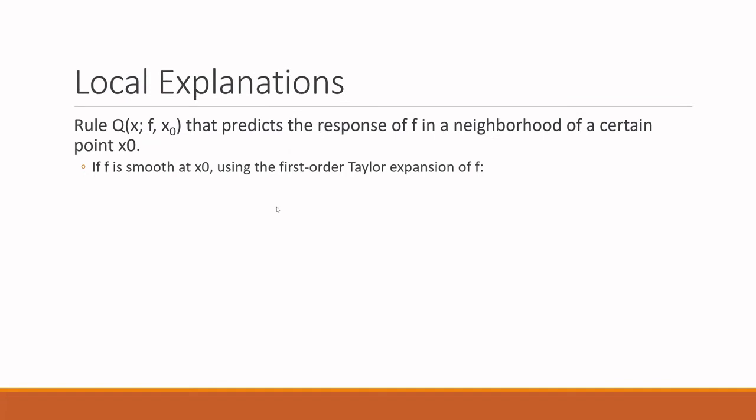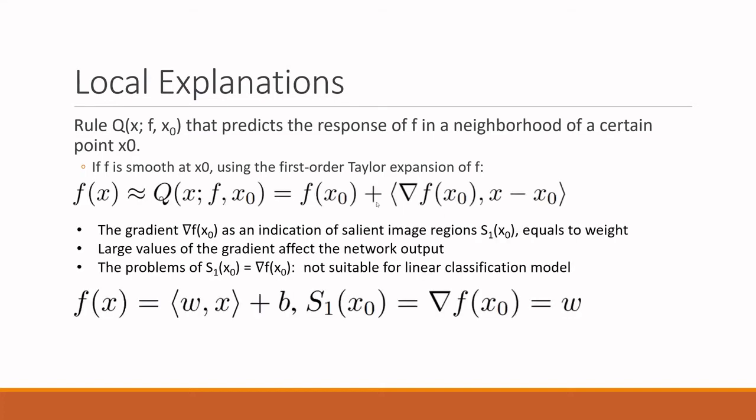Local interpolation means that rule Q predicts the black box function f at x0 and the response of x0's neighbors. If f is smooth at x0, then we can construct our Q rule by first-order Taylor expansion.